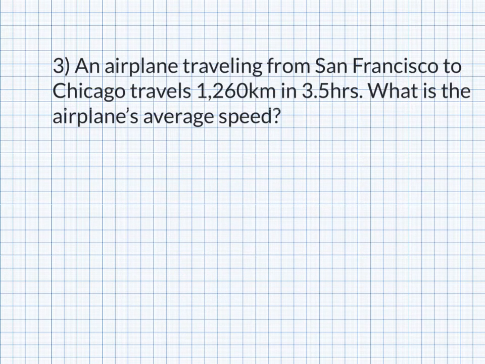All right, number 3. An airplane traveling from San Francisco to Chicago travels 1,260 kilometers in 3.5 hours. What is the airplane's average speed? So from this problem, she travels 1,260 kilometers. So that's a distance.